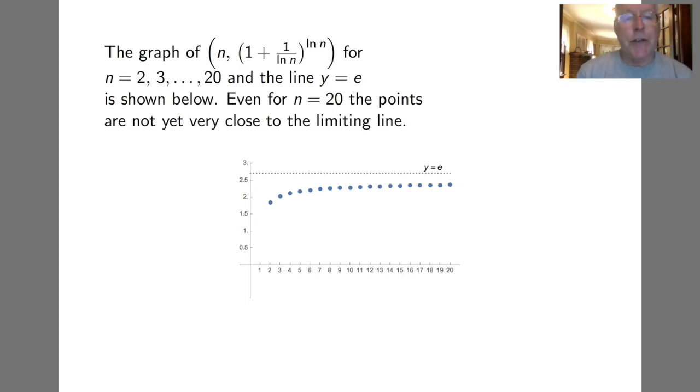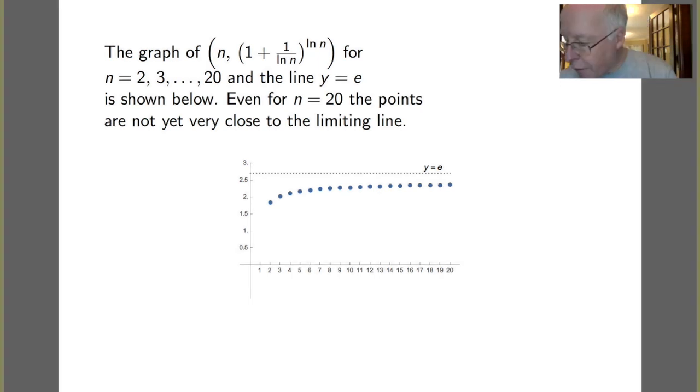And we can kind of see this, again, illustrated in a graph. Again, remember, graphs are not great ways to evaluate limits of sequences, but they can still be illustrative. Here we've actually plotted the pair n comma (1 plus 1 over log n) to the log n for n equals 2, 3, etc., even though we started our problem with 3.